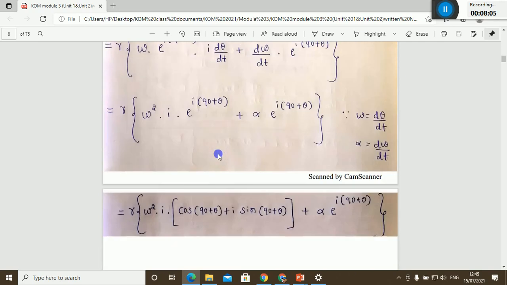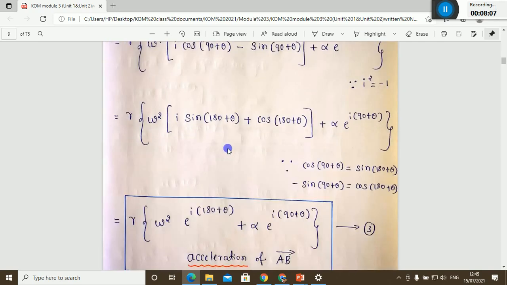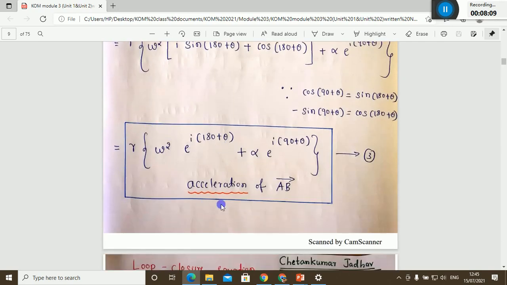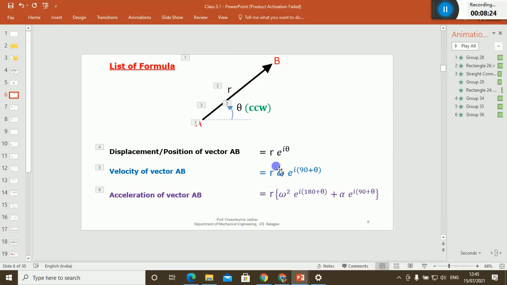After the simplification, finally I'll get equation number 3, which is nothing but the acceleration of vector AB. That is r omega square e raised to i(180 plus theta) plus r alpha e raised to i(90 plus theta). The same thing I mentioned here. So these are the same 3 equations. Please write them down in a rough notebook, because I'm going to use these 3 equations directly while solving the problems.